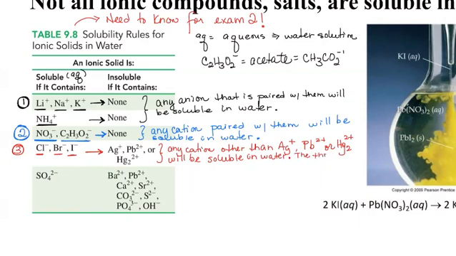The 3 cations next to Cl-, Br-, I-, and what I mean with these 3 cations, it's going to be these 3, will make a precipitate.